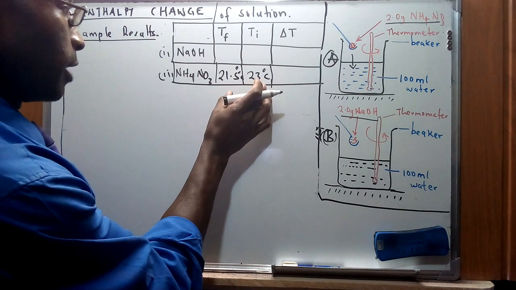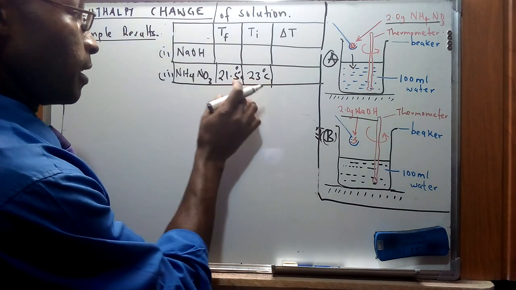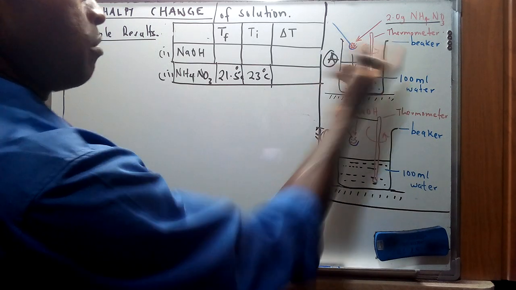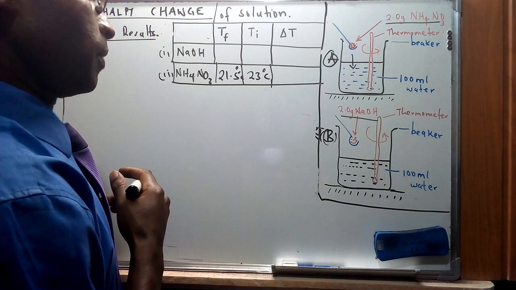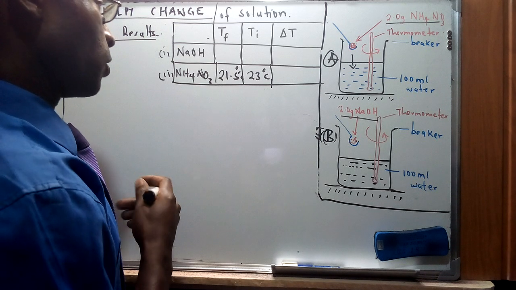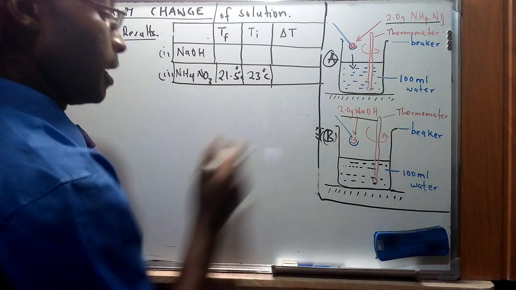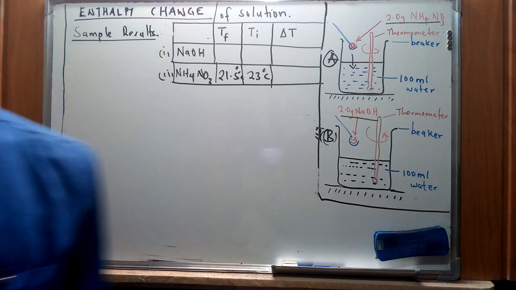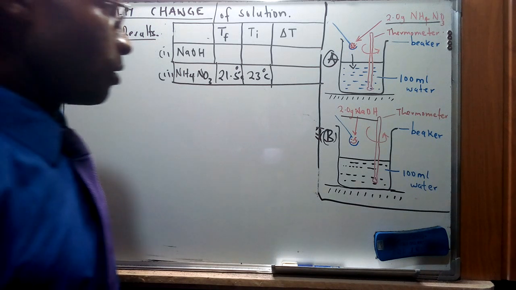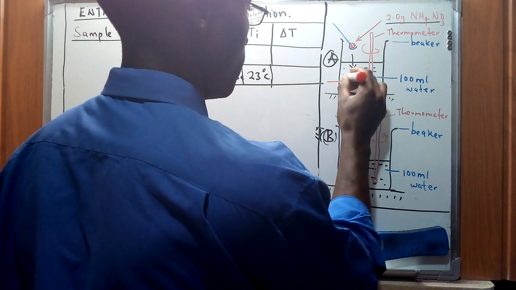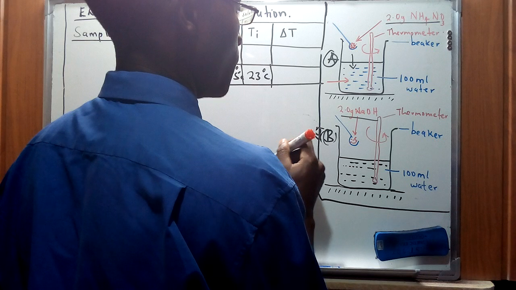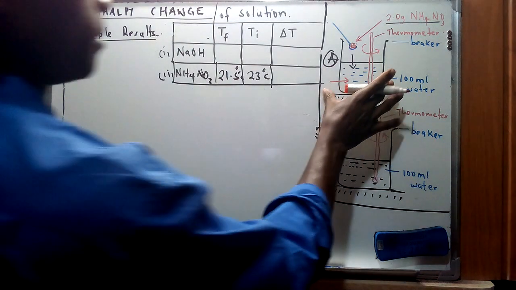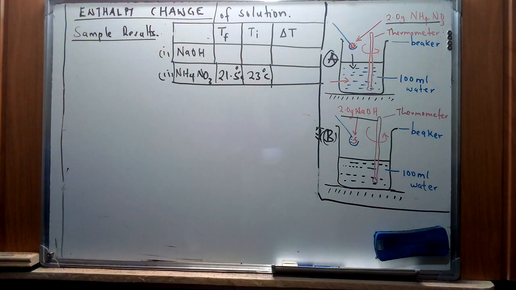So in this sense, we observe that there is a decrease in temperature when we dissolve ammonium nitrate in 100 millilitres of water. So in this case, we're seeing that there is an intake of heat from the surrounding into the system. And therefore there's a connotation we give for that phenomenon, whereby heat is taken from the surrounding into the system, thereby giving the surrounding a cold or a drop in temperature.